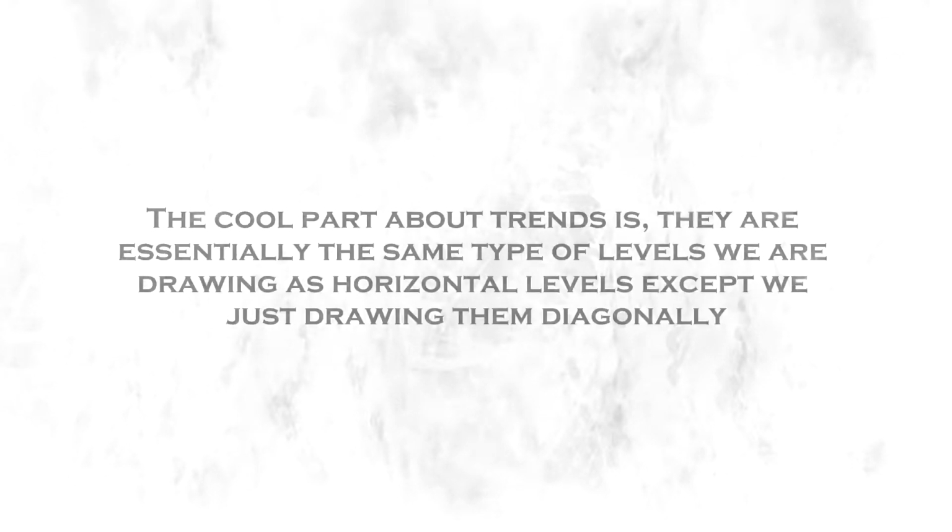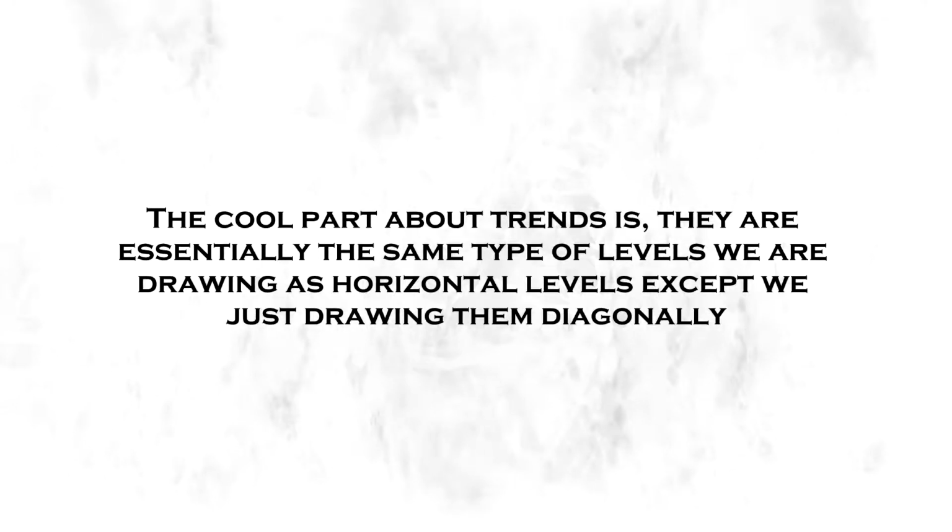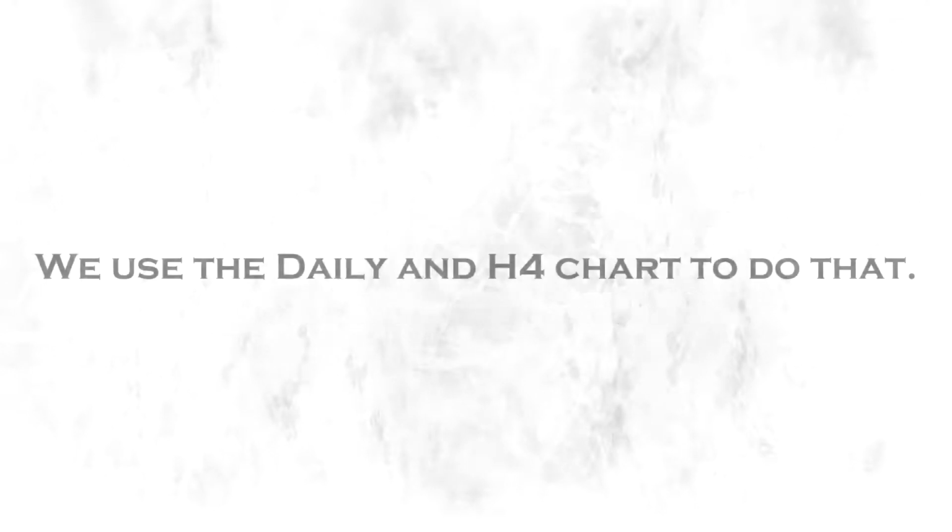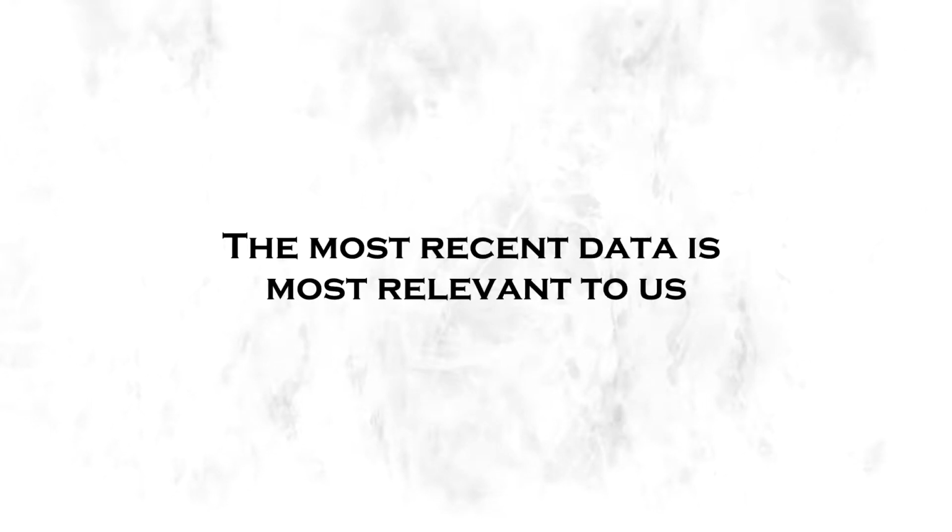The cool part about trends is that they are essentially the same type of levels we are drawing as horizontal levels, except we're just drawing them diagonally. We use the daily and H4 chart to do that, and all you do is go to the daily and H4 chart and identify any clear trends within the most recent data. The most recent data is most relevant to us.